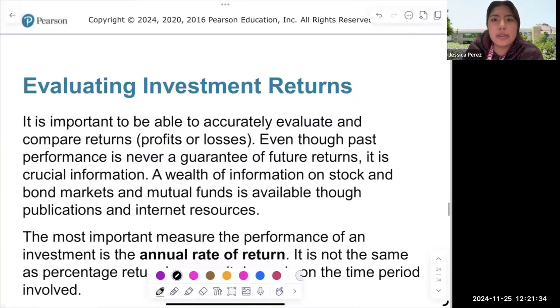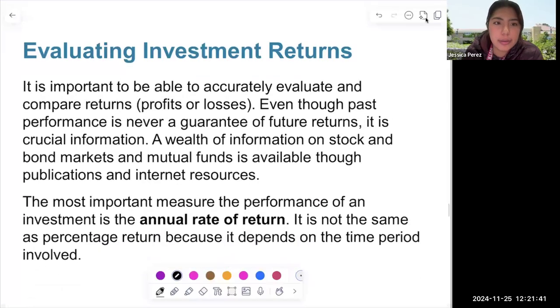Evaluating investment returns. It is important to be able to accurately evaluate and compare returns like profits and losses, even though past performance is never guaranteed for the future. You can't say, I know for a fact that it's going to be increasing or decreasing.